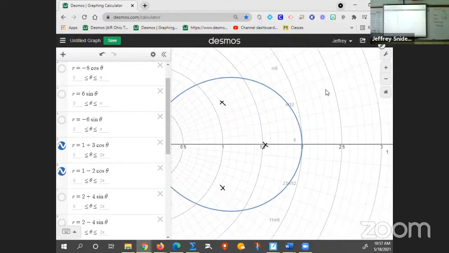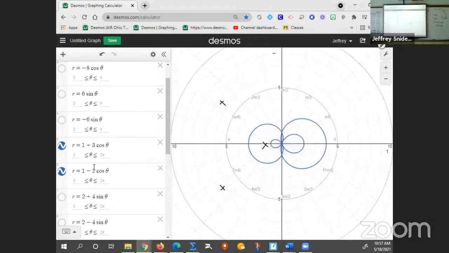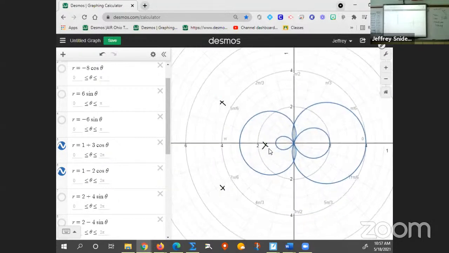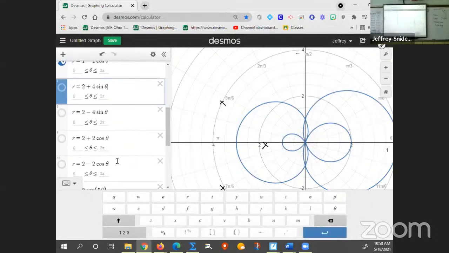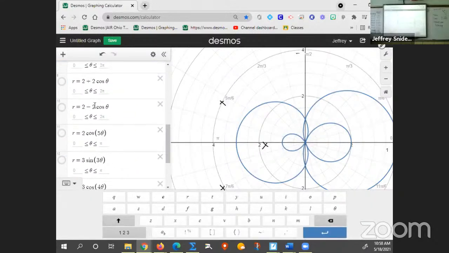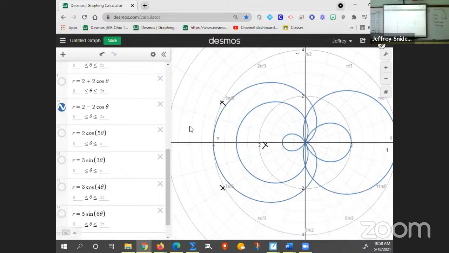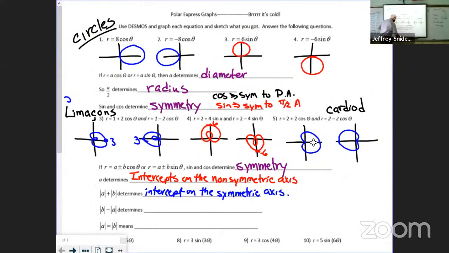Let's come back out here. 2 minus 1 is at what? Negative, boom, 1. There it is, right? Let's look at these. 2 minus 2 is what? 0, and that's where it's at. Because it's the length of the inside loop. Length of the inside loop.